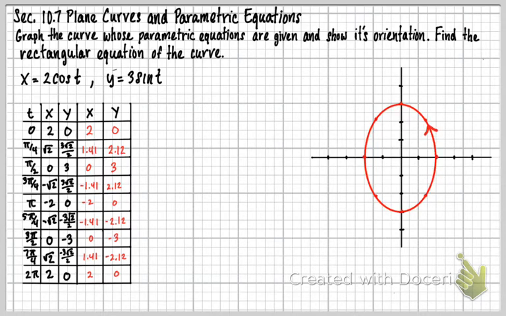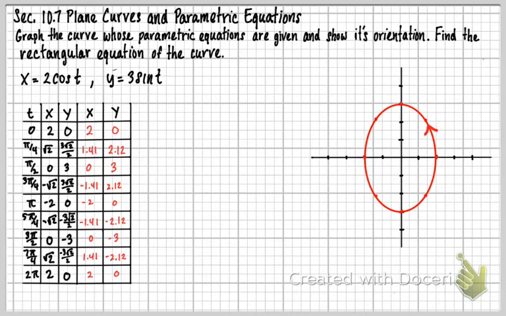So there's our graph. Now we have to figure out the rectangular equation of the curve. So now this one's going to be a little different. We can see now that this is an ellipse, so it's going to follow a similar pattern to that, and I'll kind of show you what that looks like. But before I do, I'm just going to show you a few of these points here that we're actually working with, so we can see what the ellipse should actually be.